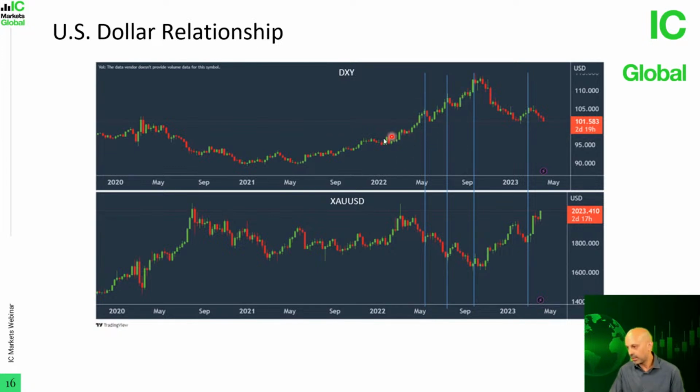So as in 2022, we can see that, and also here even in 2020, as the value of the dollar index was falling, we can see gold prices rising quite sharply. So we can quite clearly see the inverse correlation between the value of the US dollar and gold prices, right?